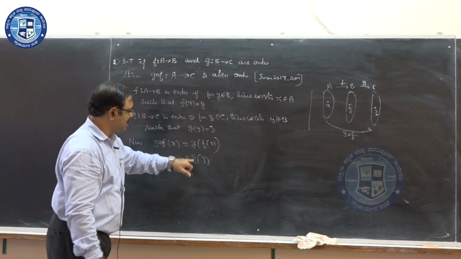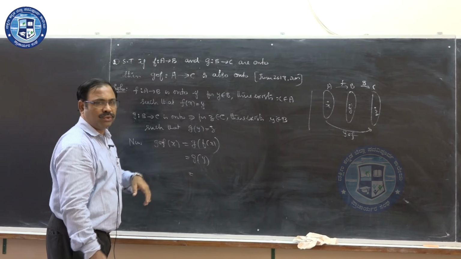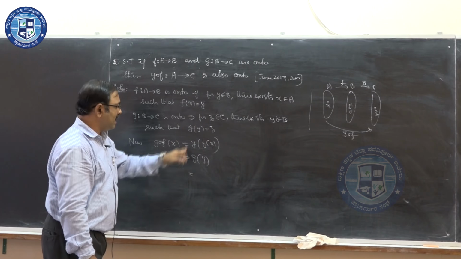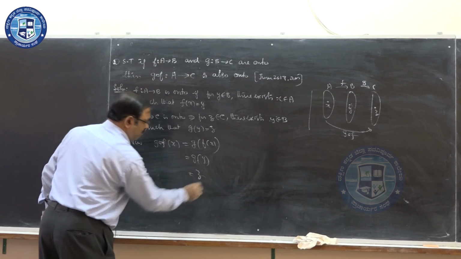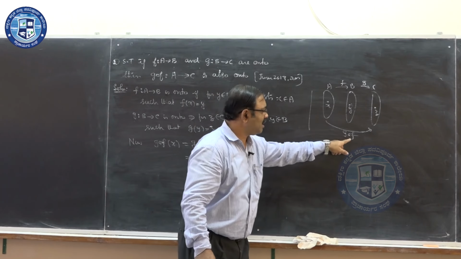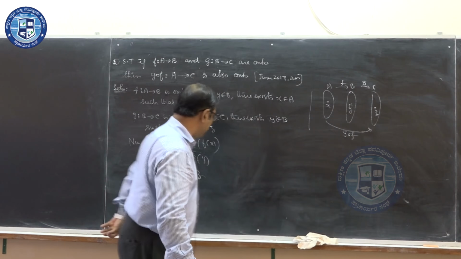Because f is onto, f of x is y. Now g is onto, g of y is equal to z. See, I have got g composite f of x equal to z.